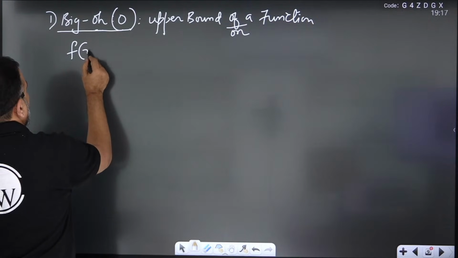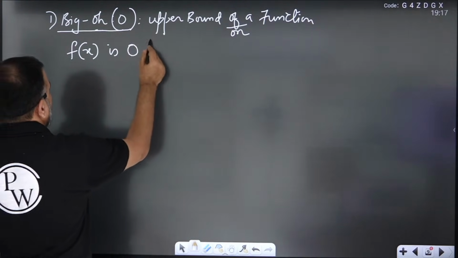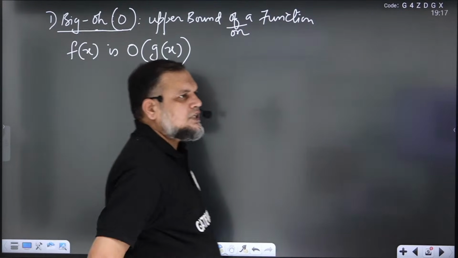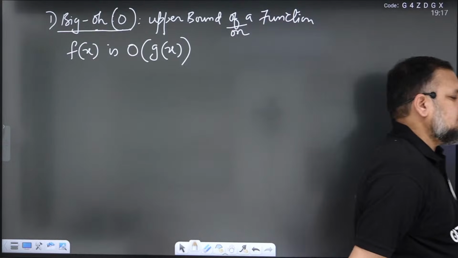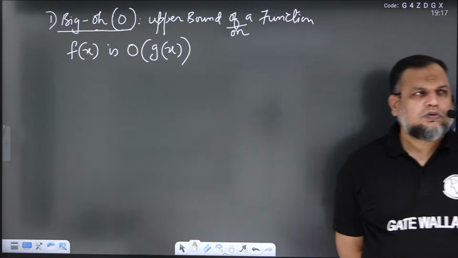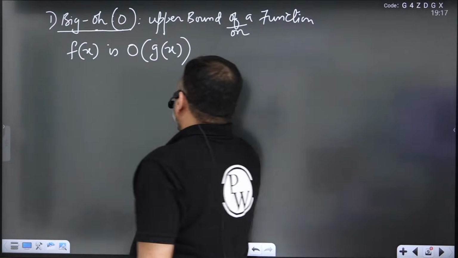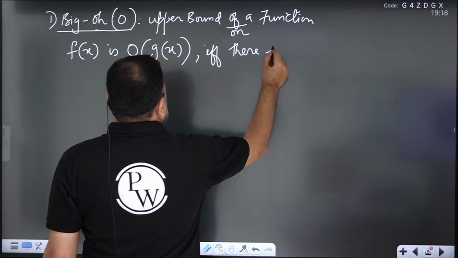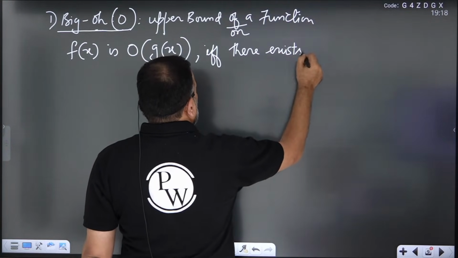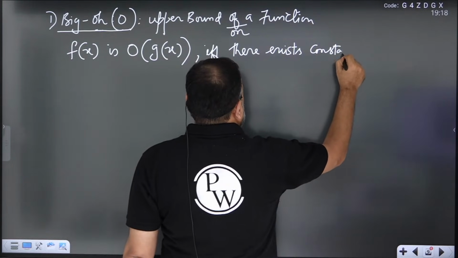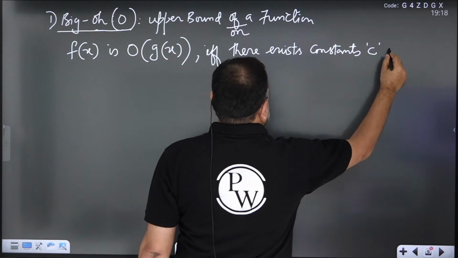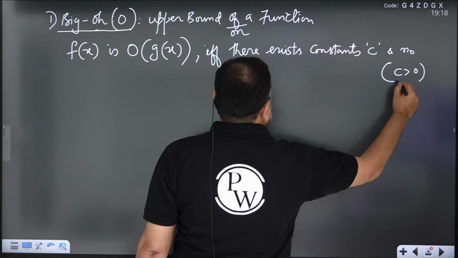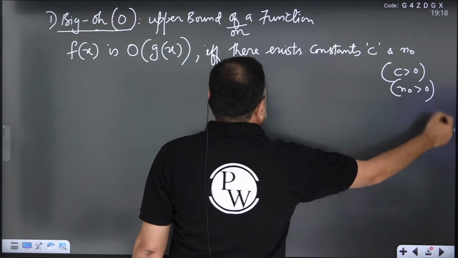So if I say f of x read as order of g of x, can you please write in the chat box what is the definition for when we say f of x is order of g of x? What is the definition? Let me see. F of x is order of g of x if and only if there exist constants c and n naught, that means c greater than 0, n naught greater than 0.